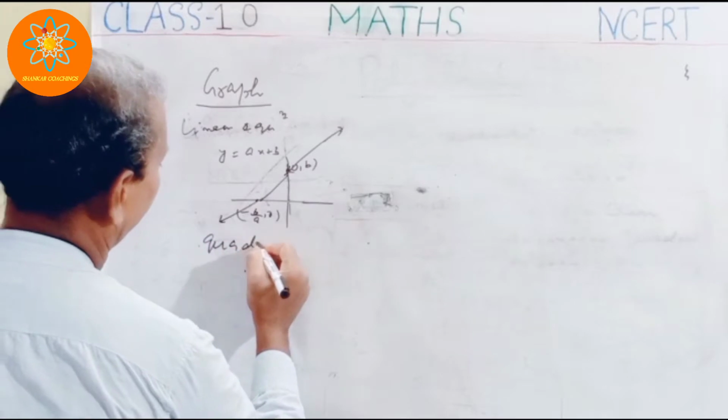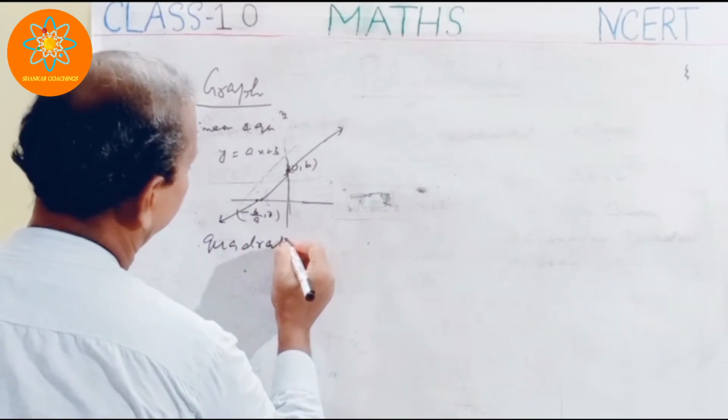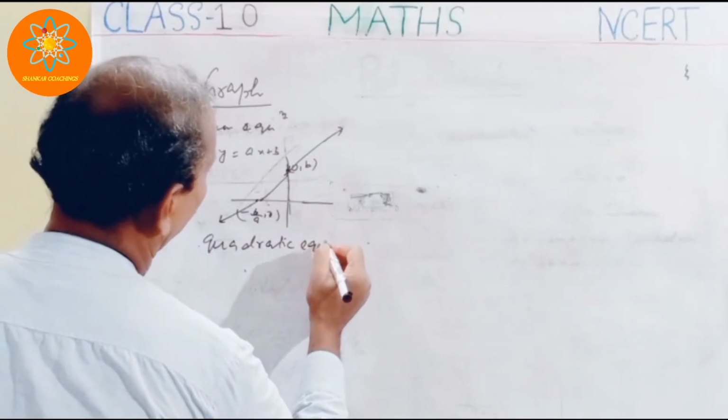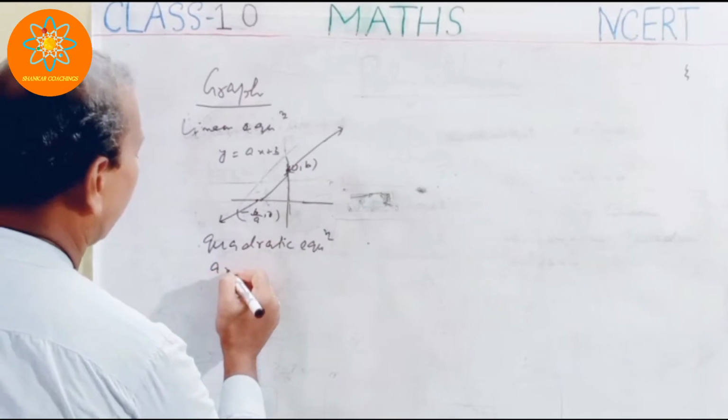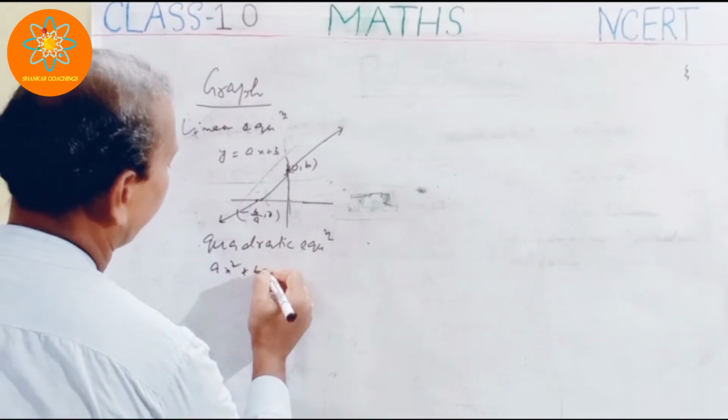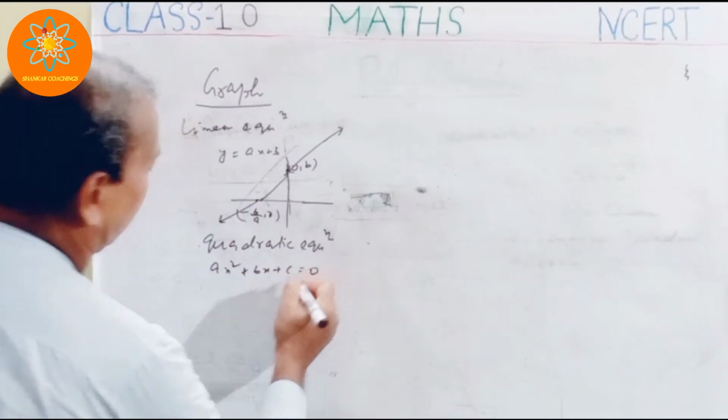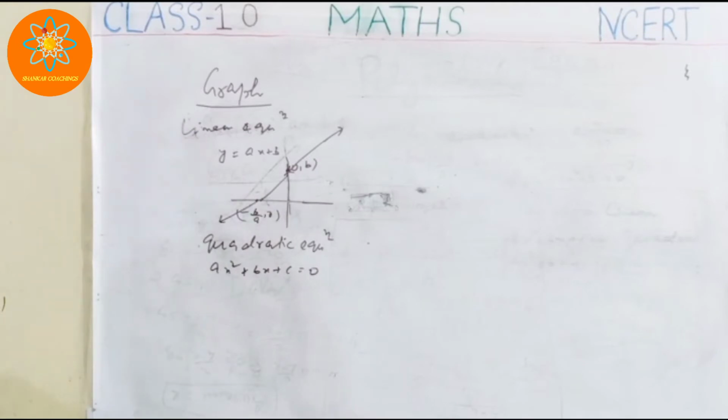I want to draw the quadratic equation. Already I discussed the general form of the quadratic equation is ax square plus bx plus c is equal to 0. This is the quadratic equation. Now I want to draw the graph.